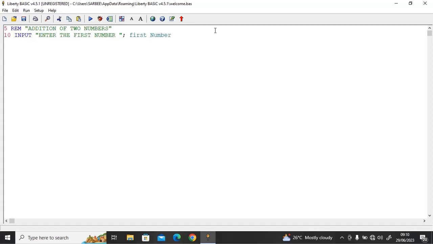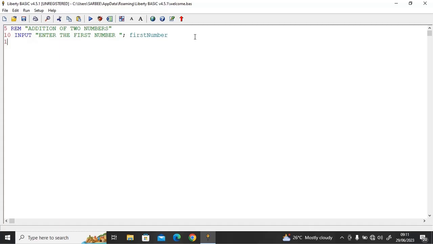So I have to make the first word small letter, then any other words that follow it must start with a capital letter. If I say firstNumberSeries, this S has to be capital letter. This is how you declare camel case. The snake case depends on what you want. You can use another method of declaring your variables, no problem.